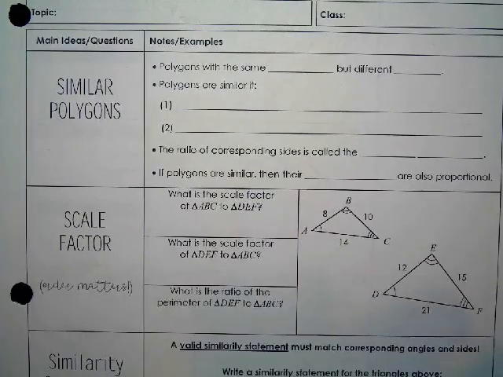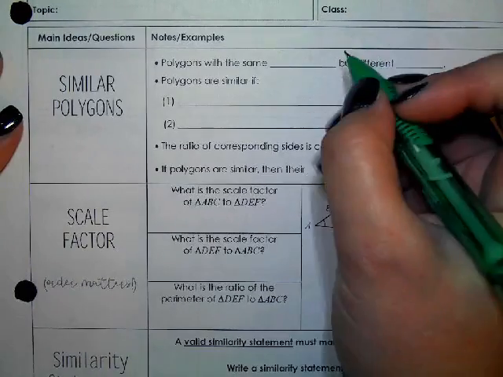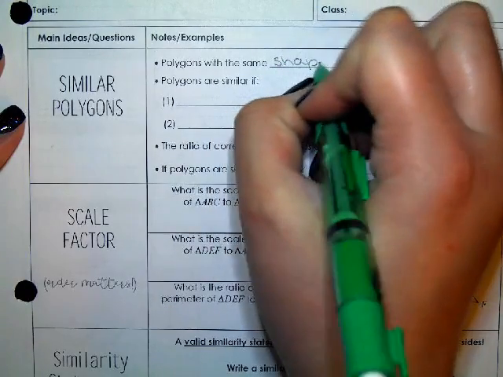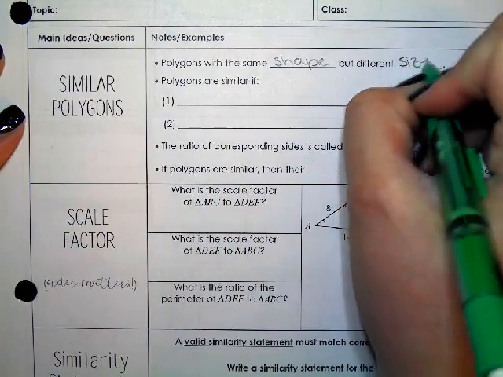All right. Similar polygons are polygons with the same shape, but a different size. Same shape, but a different size.